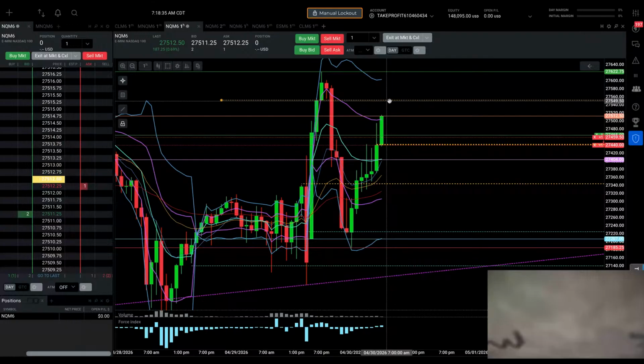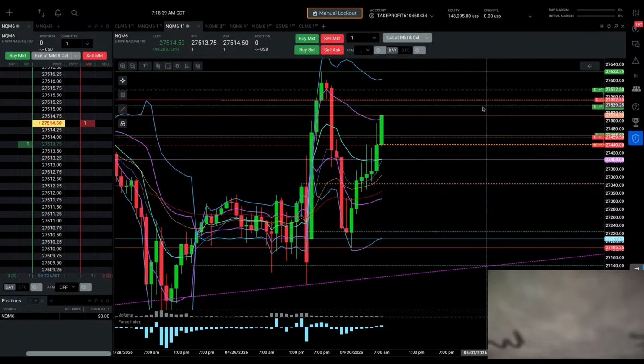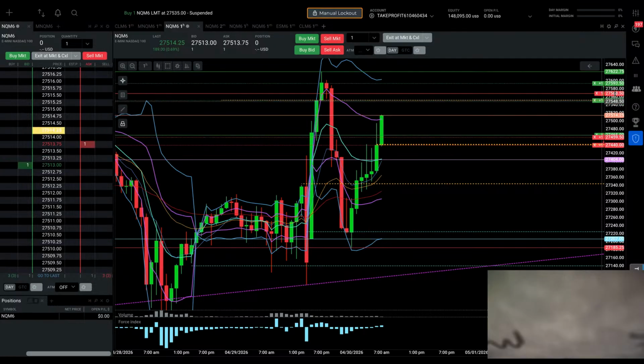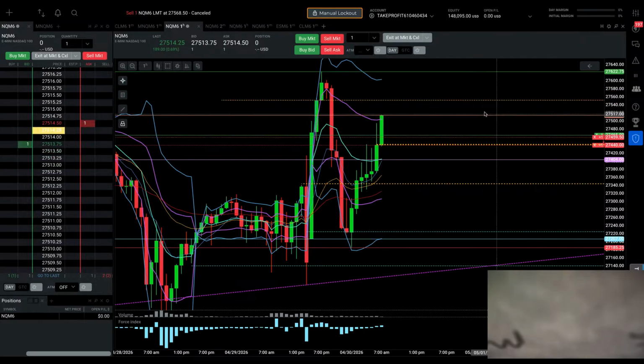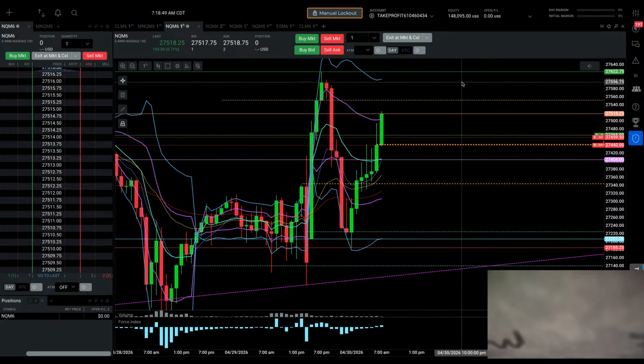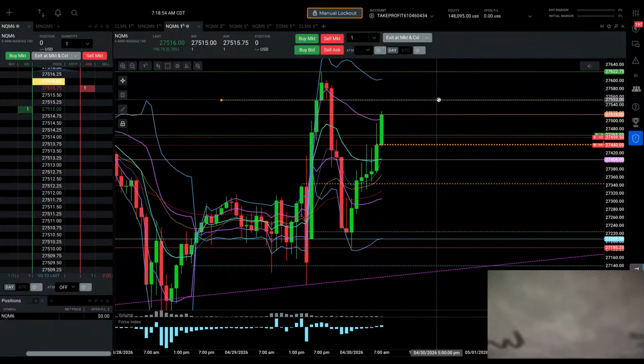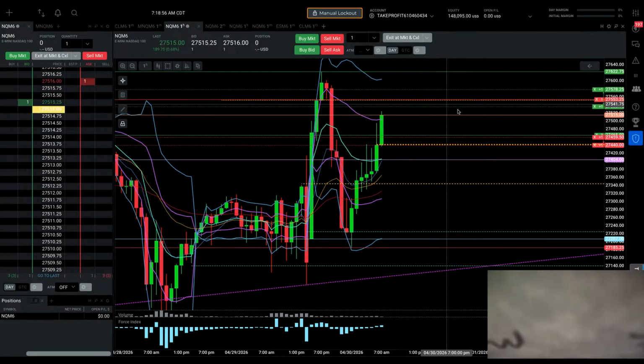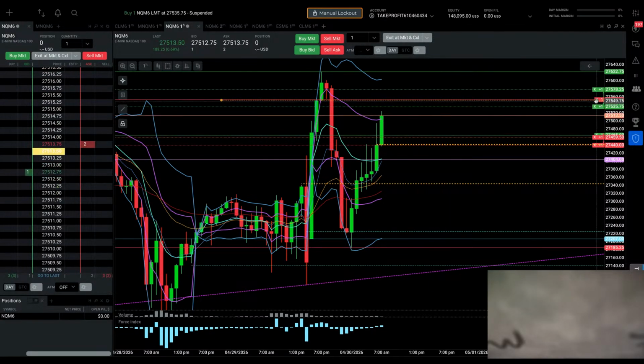Most likely when price gets right here, this is where you want to hit a sell. Now, do you want to go in there blindly and just do that? You can, but you have to react quick because if price keeps flying up, it could do that. But like I said, most likely, 80% of the time, 70% of the time, price is going to reject and have a slight little pullback right here.